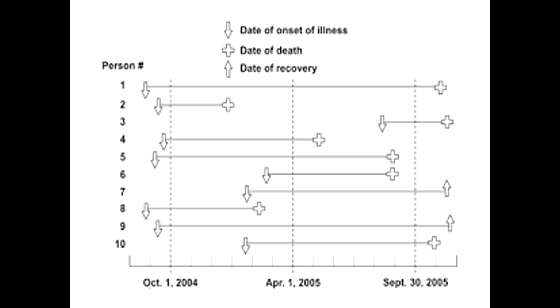So again, if I ask you what is the point prevalence of April 1, 2005, then only case number 6, case number 7, and case number 10 will show you the total number of new cases, and the point prevalence will be shown by case number 4, case number 5, case number 6, case number 7, case number 9, and case number 10.